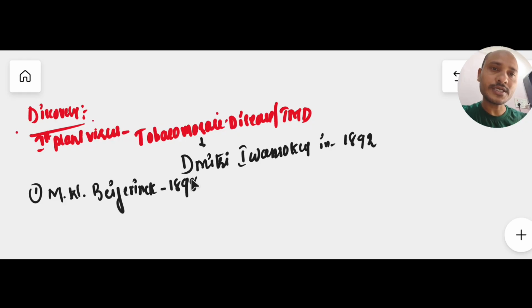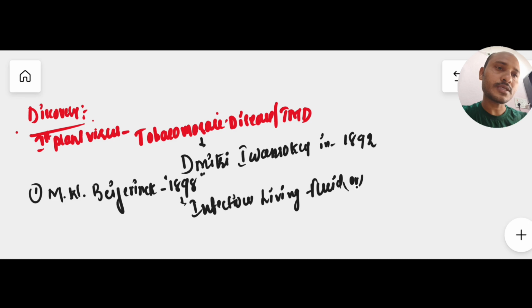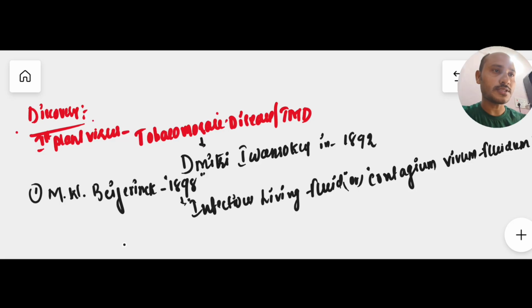In 1898, he continued Dmitry Ivanovsky's experiment to identify the causative agent for tobacco mosaic disease, and he named it an infectious living fluid, or contagium vivum fluidum.